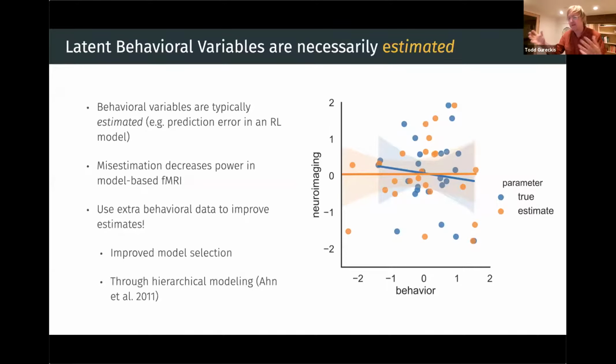You're able to get more precise estimates of some of the parameters and also choose between classes of models better. You can also get some benefit through hierarchical modeling, because if you include hierarchical parameter estimates, you take advantage of shrinkage, which is going to regularize the individual parameter estimates. So that can also be advantageous in a lot of cases.